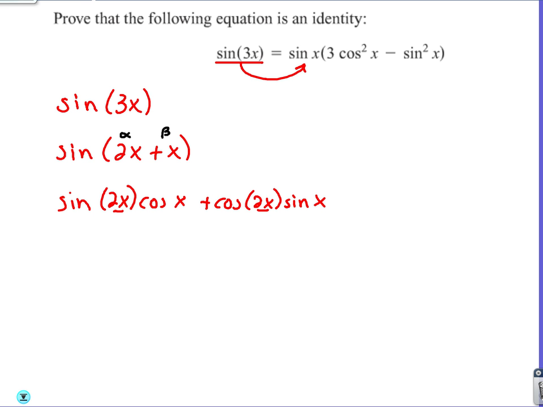I know that the sine of 2x, if you look at your double angle identities, is equal to 2 times the sine of x times the cosine of x, times, I've got a cosine of x stuck there, so let's go ahead and write that as cosine squared x plus the cosine of 2x. Now let's see, are we looking at anything like what we've got up there? Not really.